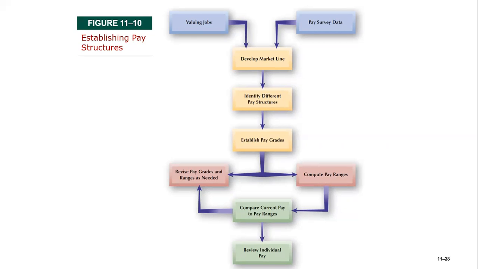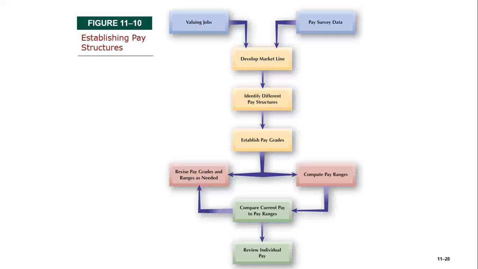Compute the pay range. You have to identify how much you can pay for a specific job, to the minimum and to the maximum, because every job has a range. For instance, if I am a lecturer, I can be paid around 1 lakh to 130 or 140. After this rank, I need to get promoted.